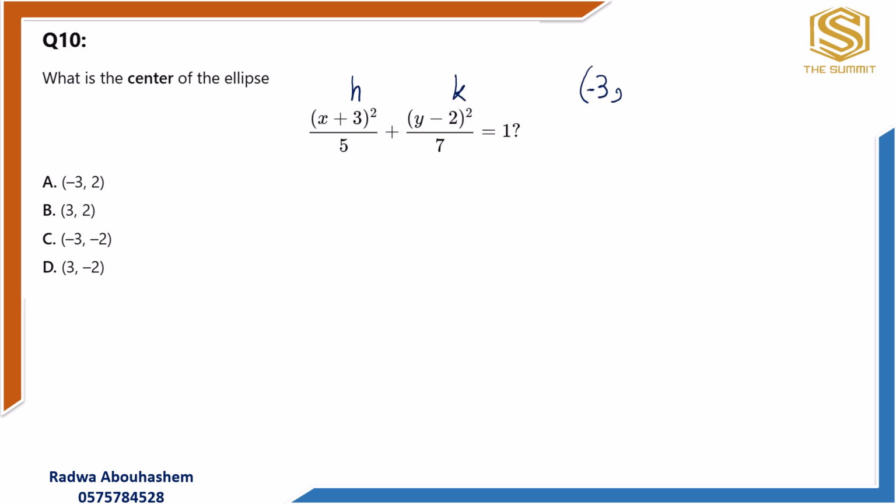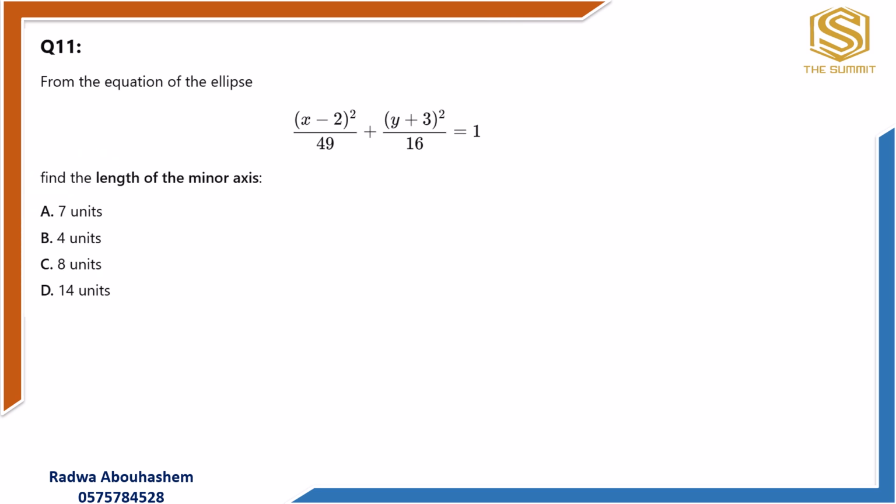So (-3, 2). You give me an equation and ask me about the length of the minor axis. The minor is the smallest, so here b power 2 equals 16. So b equals 4. So 2b would be 2 times 4 equals 8. This is the minor axis. So 8 units.